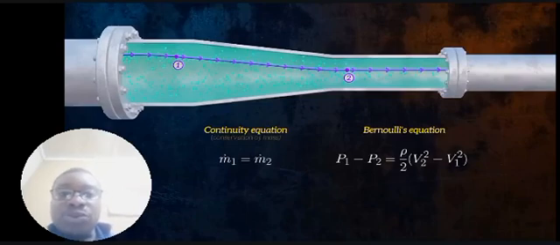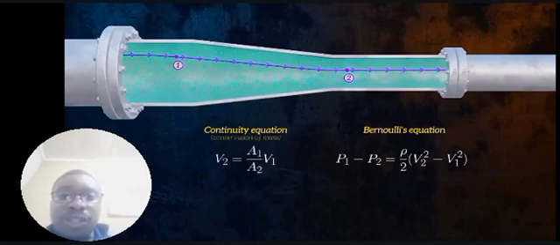If you look at that arrangement, it should be intuitive that as the fluid moves from point number 1 to point number 2, it's moving into a smaller area. So in order for the masses to balance and always stay the same, the velocity must increase. The velocity of the fluid at point number 2 should increase.